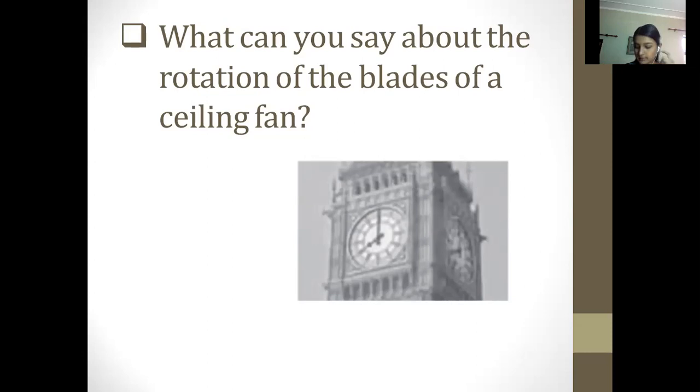In the case of a clock as well, you can observe that the clock moves in a clockwise direction, and it comes back to 12, then moves again and comes back to 12. That shows that if we compare the left-hand side with the right-hand side, it is making a symmetry, because the 12 is again coming to the 12.